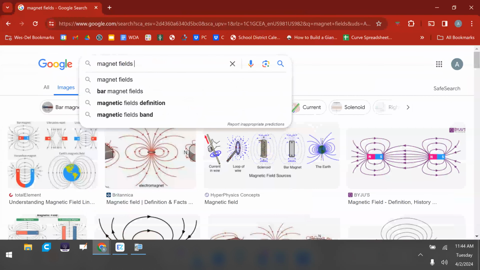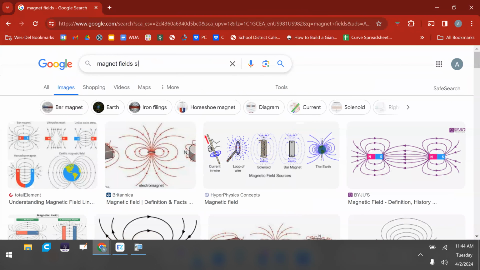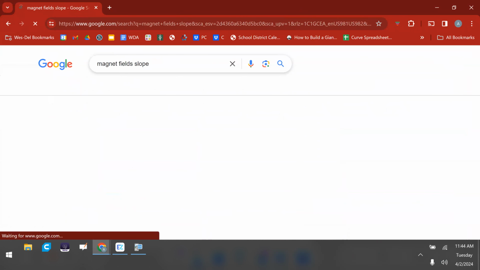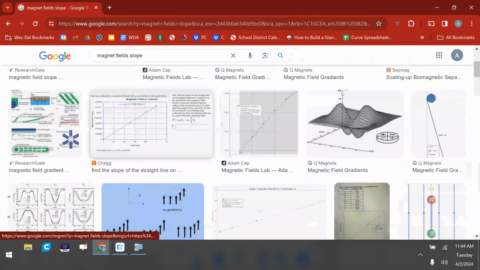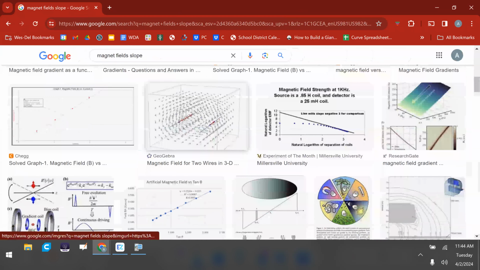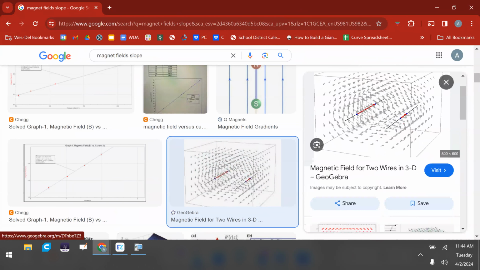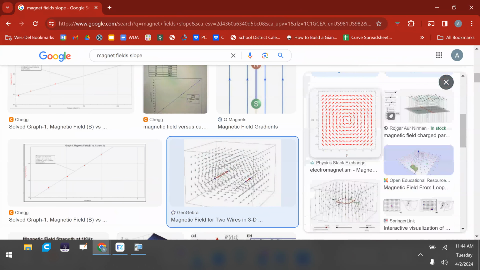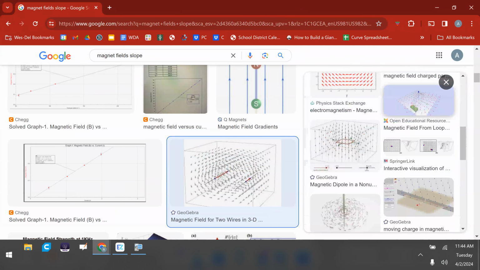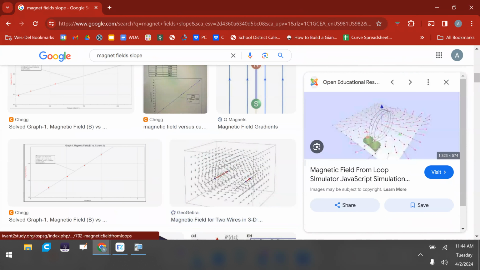Now I'm just gonna tweak magnetic fields, and I'm gonna put magnetic slope fields. Put the word slope in there. I thought it was gonna give me it. Oh, there it is. There's a three-dimensional slope field. Yeah, it's more Calc 3.